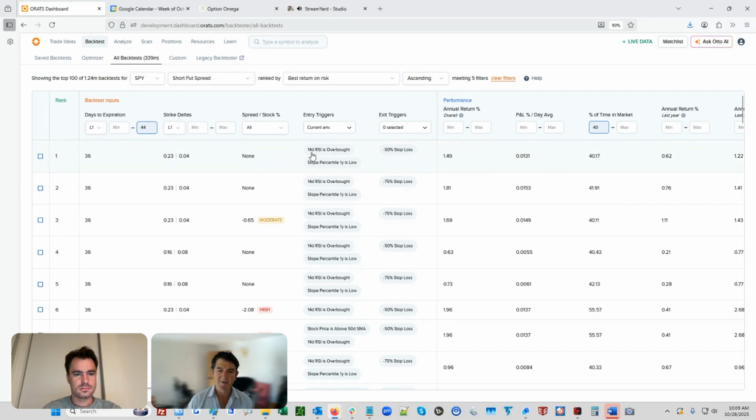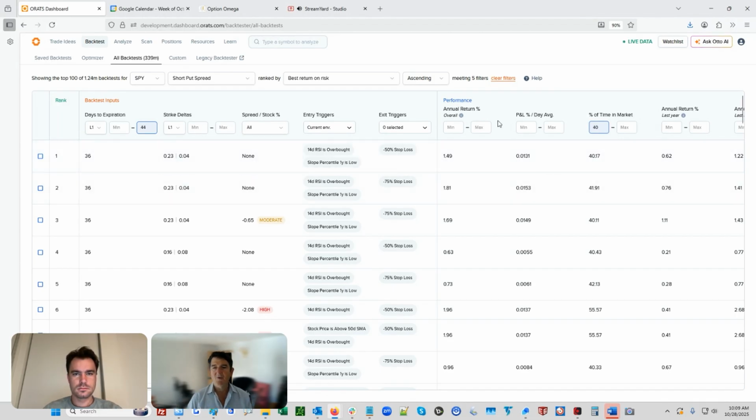So like we talked about before, the RSI is overbought, the slope percentile is low, and you'll notice that the annual performance is not as good, but the daily P&L is much better than we saw before because we're only in the market 40% of the time.